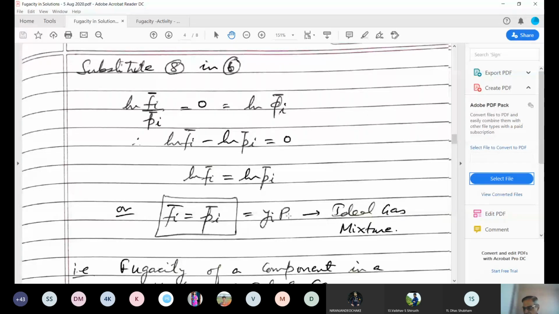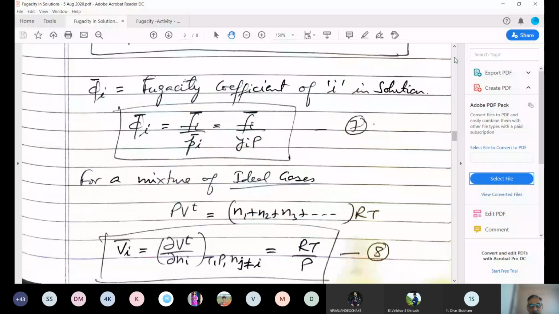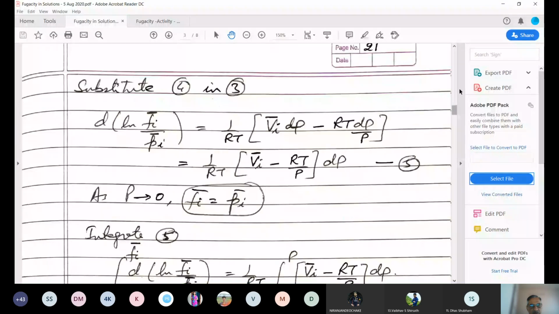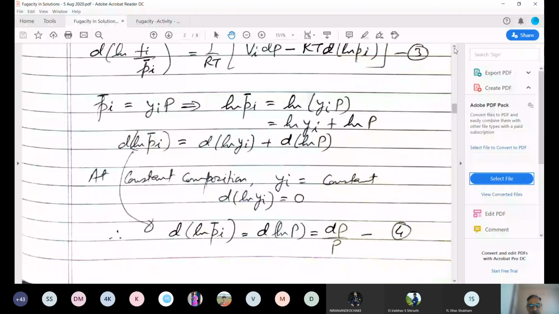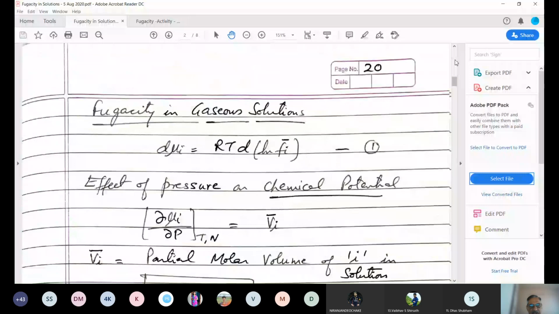When we're considering ideal gases, it's a mixture of ideal gases. Because by definition we said this right at the beginning, right?